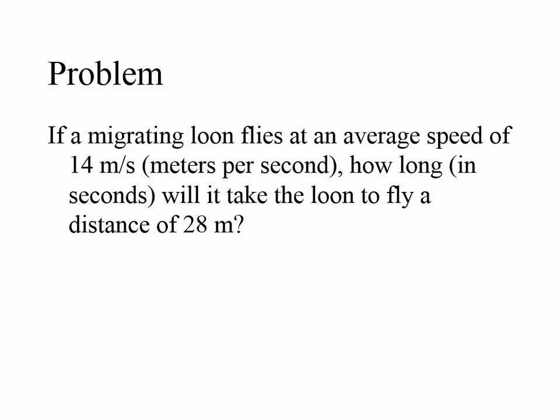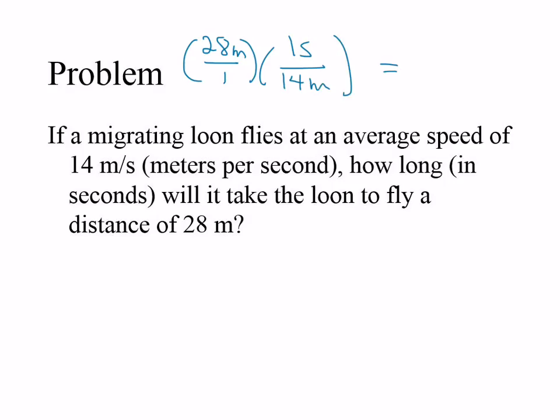What do you think? If it can fly 14 meters in 1 second, if you want to go twice as far, how many seconds? 2 seconds. So what you guys just did basically was what we're going to do in a factor label problem. So you want to fly 28 meters, not 14 meters. You know that in 1 second it will fly 14 meters.